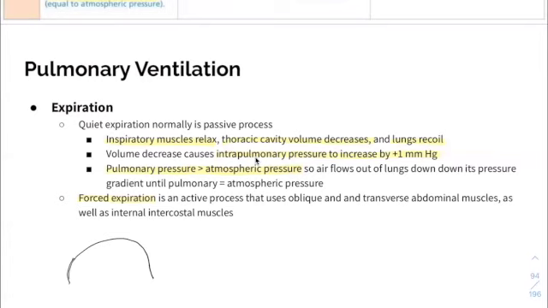Our abdominal muscles are going to compress the abdomen, which causes the diaphragm to go back up to that dome shape. Our internal intercostals are going to squeeze in as they contract and take that rib cage, or that whole thoracic cavity, and decrease its size.